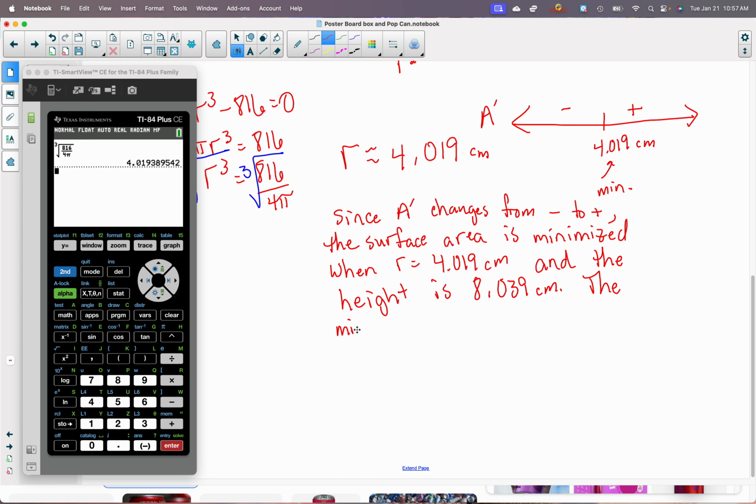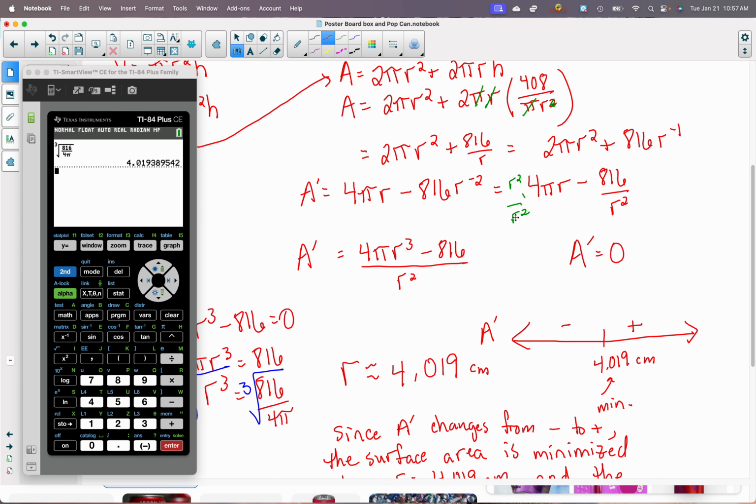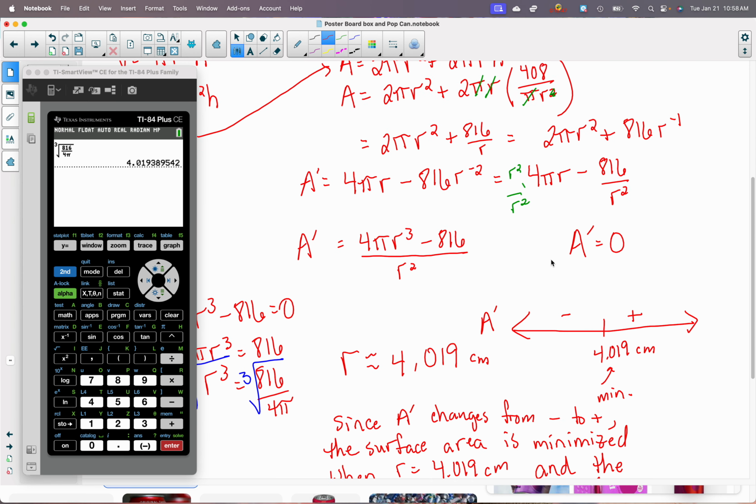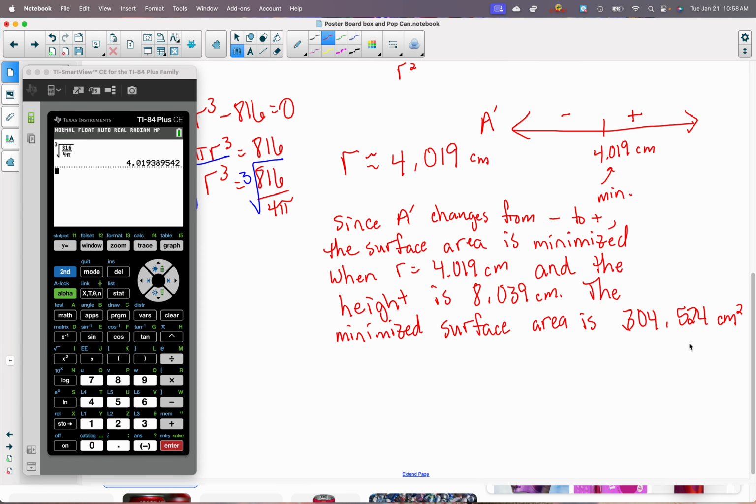The minimized surface area is 304.524 centimeters squared. I just plugged in the values for my radius and height into our formula for the surface area.